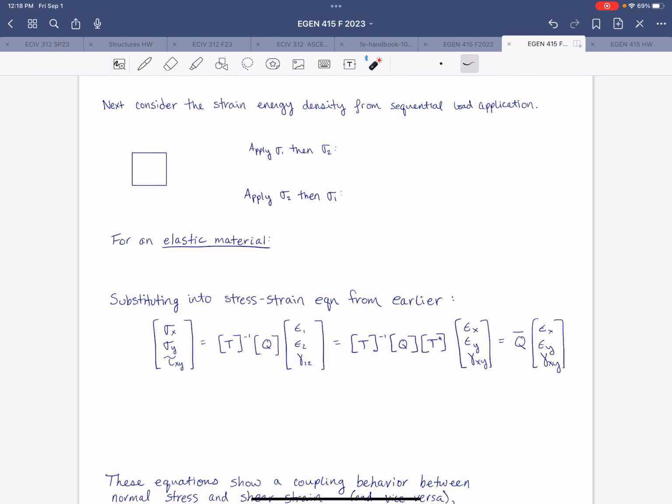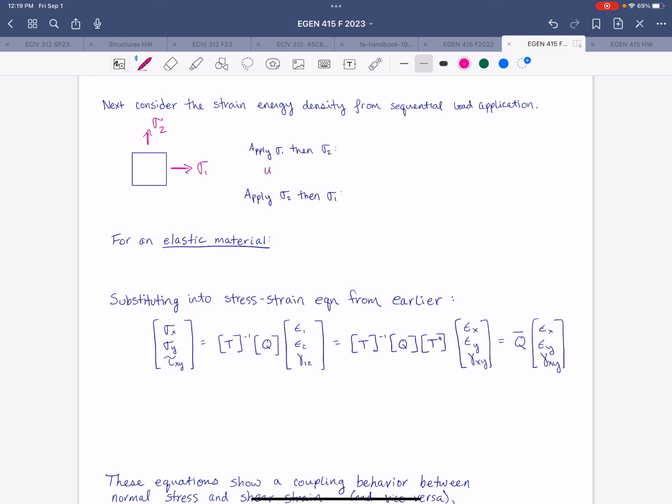All right, so now we're going to go back to the concept of strain energy that we talked about last time. For that, we're going to consider an element where we apply normal stress sigma 1 and then also a normal stress sigma 2.